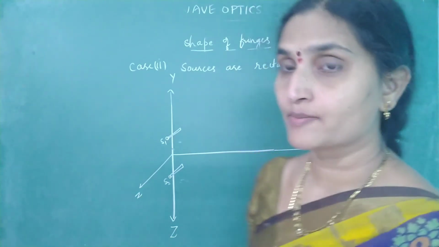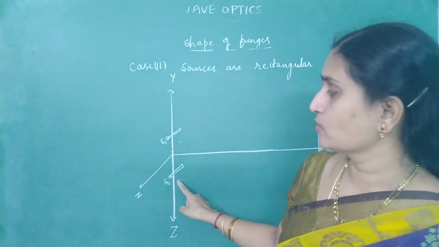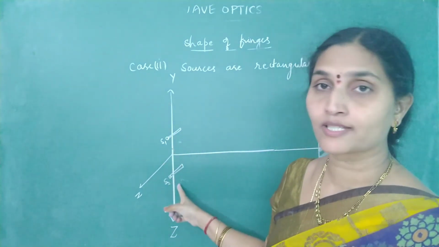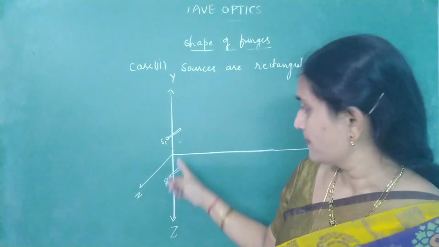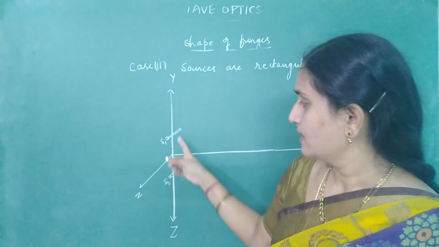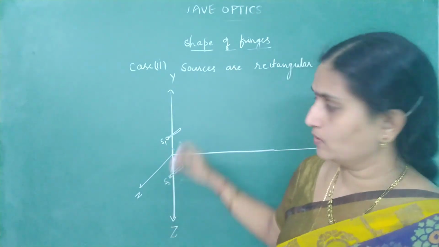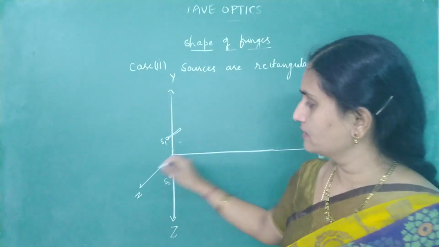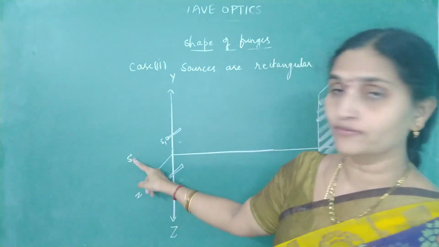Look at the second case. If the two sources are not point sources, but rectangular sources, like in Young's double slit experiment. How did we place the two sources? Parallel to the z-axis. So this is one slit, another is this slit, and this is your source of light.